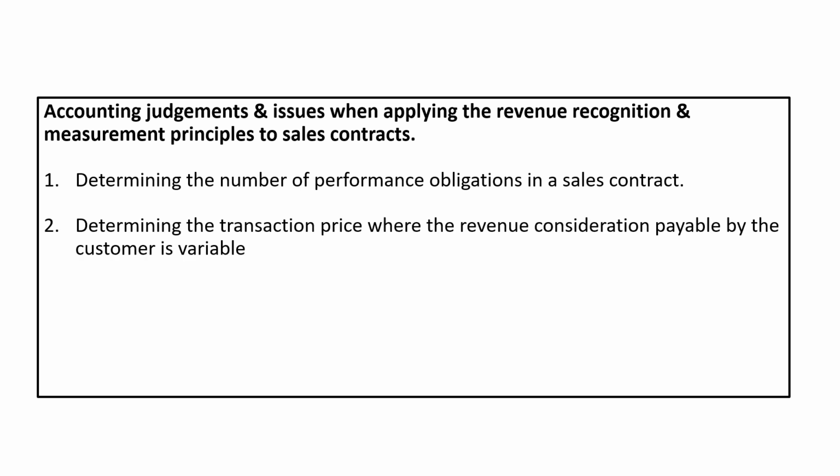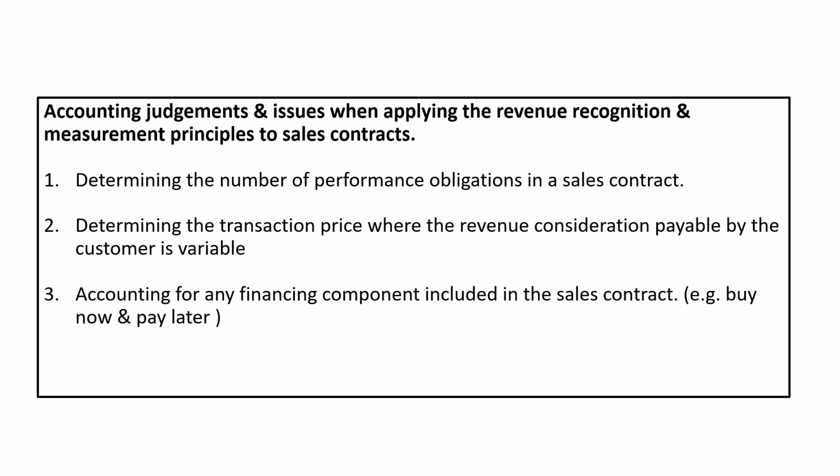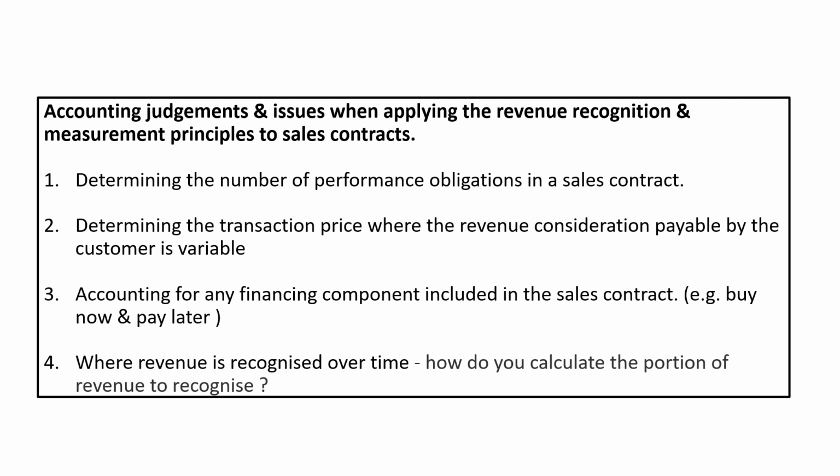Number 2, another area of judgment is determining the transaction price, i.e. what the customer will pay, where the revenue consideration payable by the customer is variable, i.e. not fixed. Number 3, accounting for any financing component included in the sales contract. And 4, where revenue is recognized over time, how do you calculate the portion of the revenue to recognize?